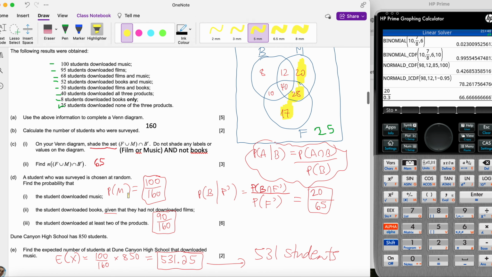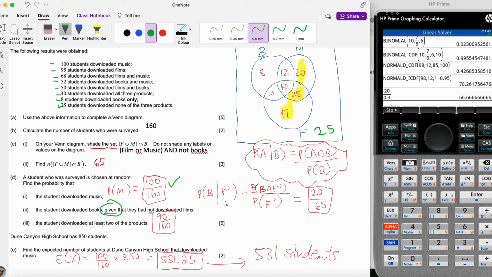Yeah, that's fine. Okay, the probability that a student downloaded music. So now you're looking at all the music, and that ends up being 100 out of the total. This again is our conditional. A student downloaded books, given that they had not downloaded films. So there's the formula.